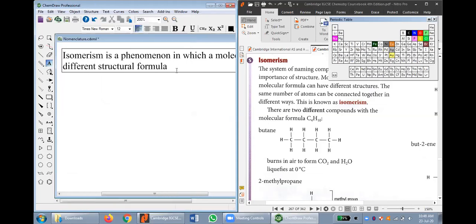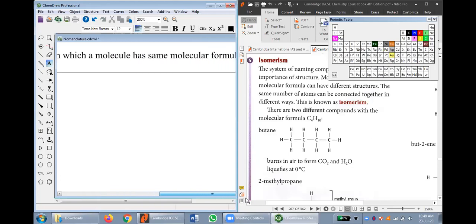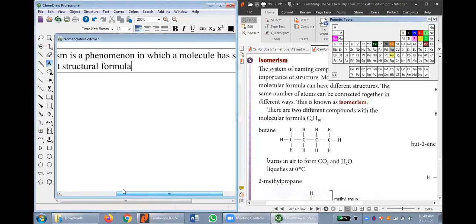I think this one doesn't give us the option of a word draft, so writing over here, you might not be able to read the whole thing together. Well, isomerism is a phenomenon in which a molecule has the same molecular formula but different structural formula.